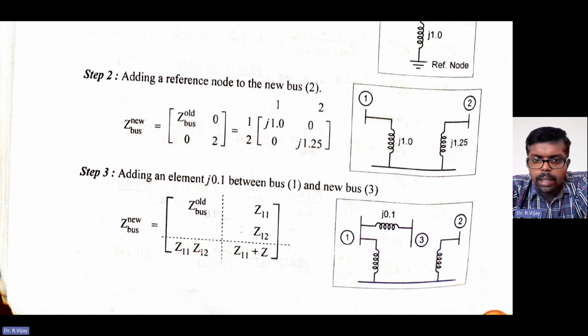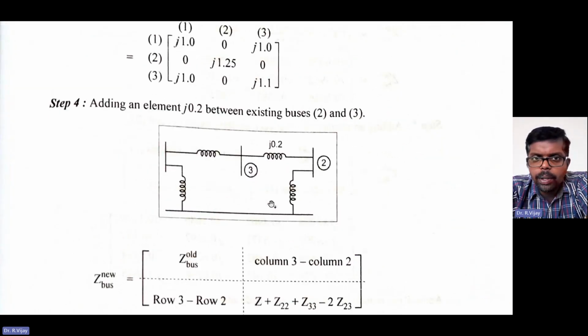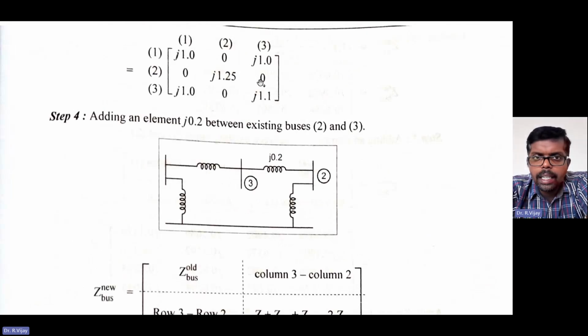Here, whatever element is coming is Z11 plus the new element being added, that is 0.1. Understood? So Z11, Z12, Z11, Z21: whatever is coming over here we simply copy, because that is the general formulation that we have already seen.